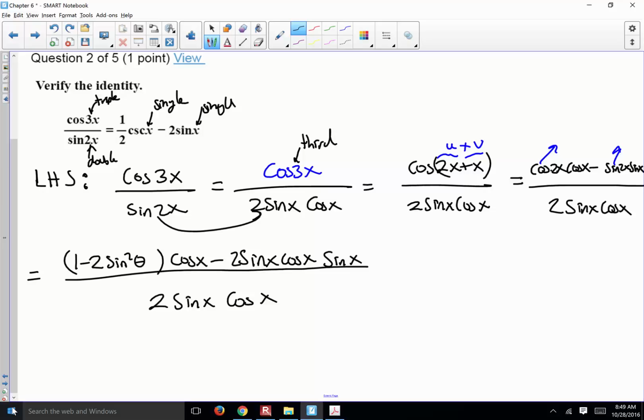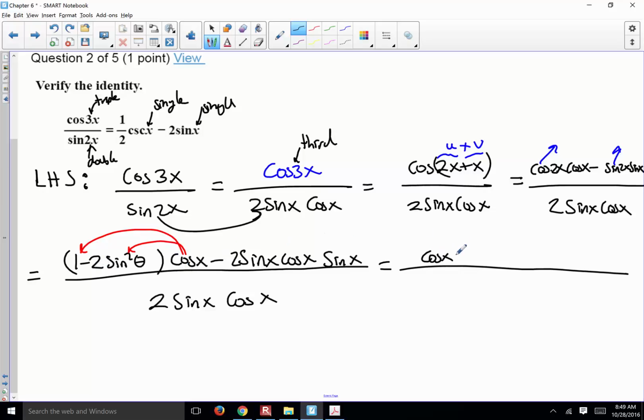Okay? Alright. I'm going to multiply this out. See what we get there. 1 times cosine is cosine x.